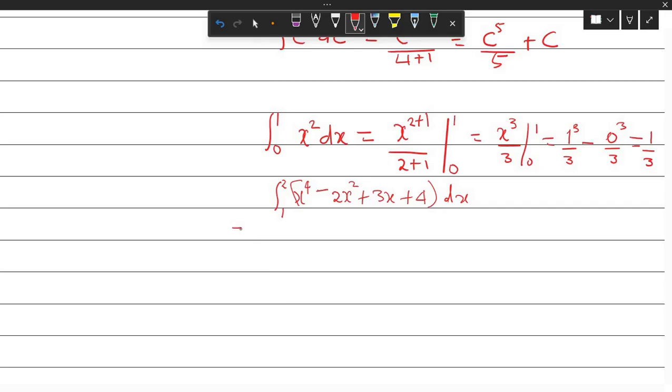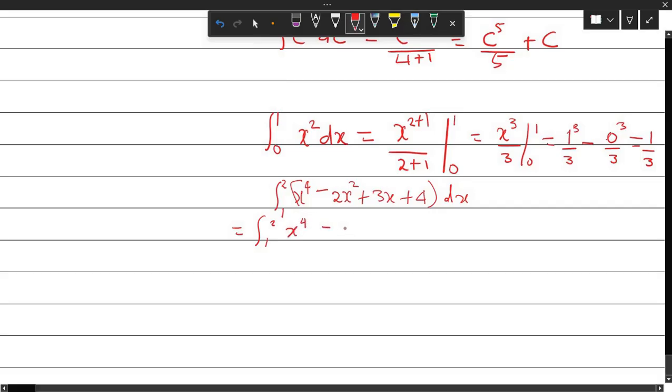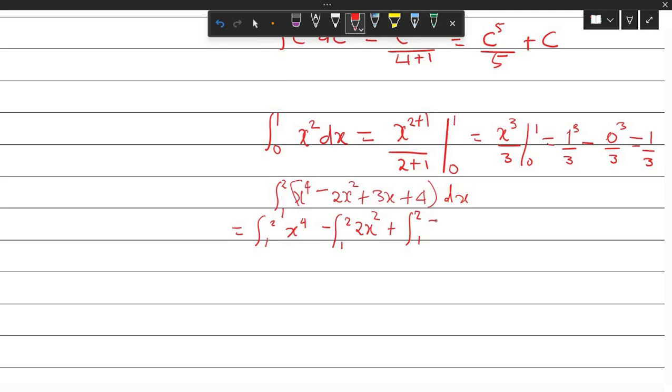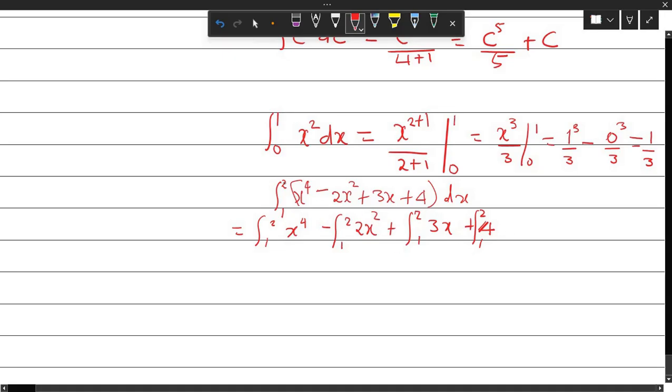So this simply means you are integrating integral 1 to 2 x to the power 4 minus integral 1 to 2 2x plus integral 1 to 2 3x plus integral 1 to 2, this is 4. So you put dx, dx, dx, dx. Okay, so this is what it means if we say integrate.